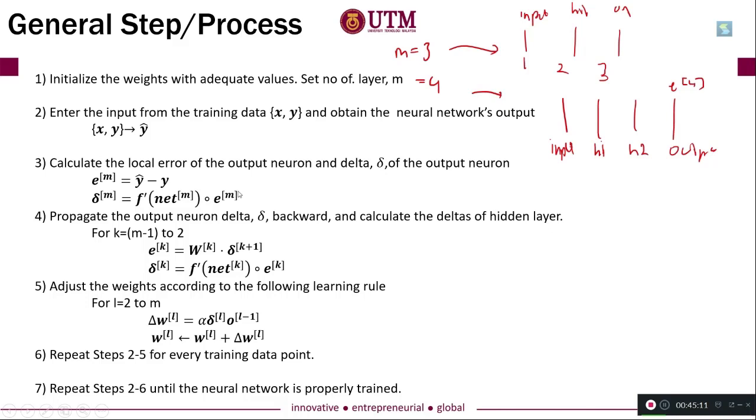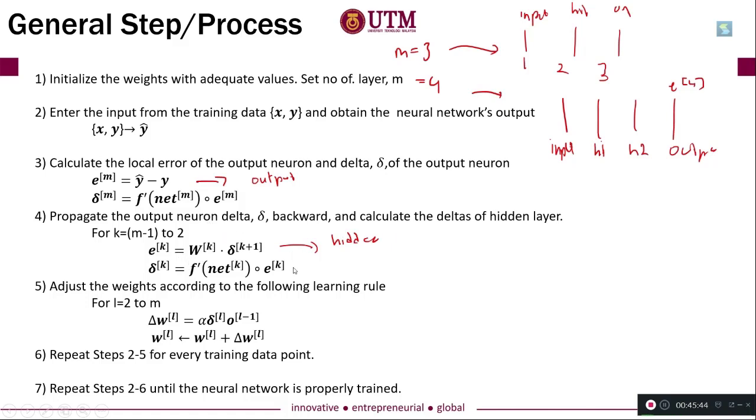So you can see why I separate this operation and this operation: because the definition of E is different. This one is to find the E for your output layer, but this one is to find the E of your hidden layer. So it doesn't matter if you add another hidden layer here, the definition is still similar.